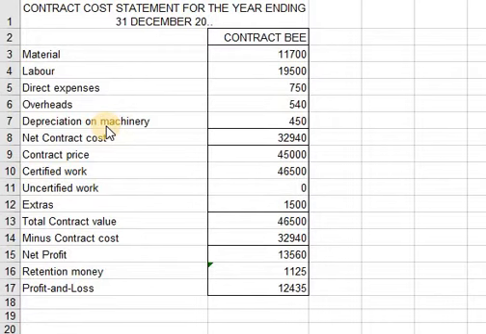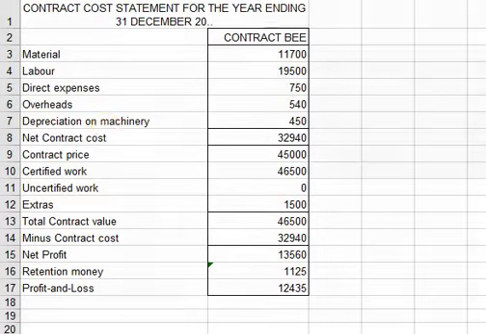And it is within our speciality to learn how to deal with those costs and how to properly cost projects. In exercise 5.24, we're given two contracts, contract BZ as well as contract BEE. The required tells us that we need to draw up a contract cost statement for BEE only.